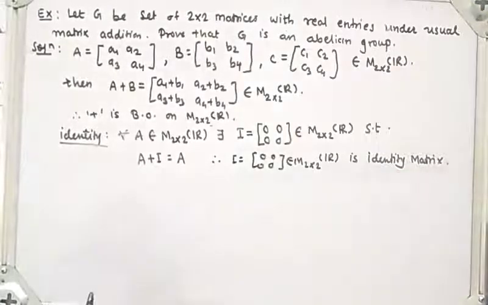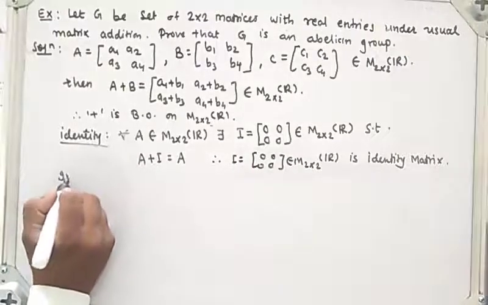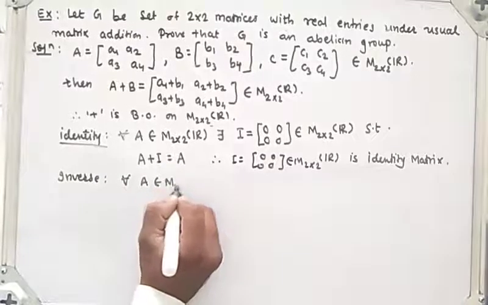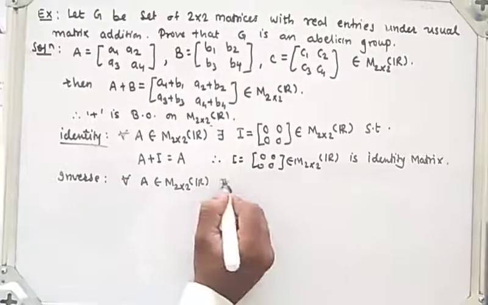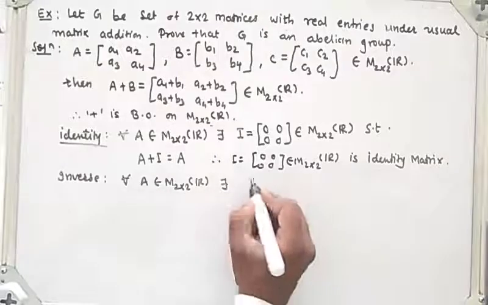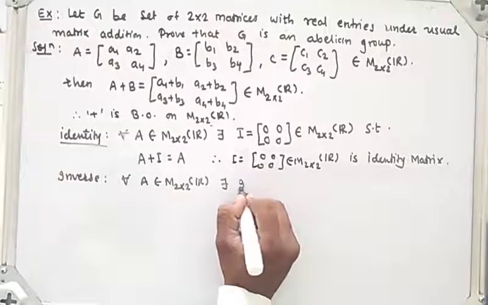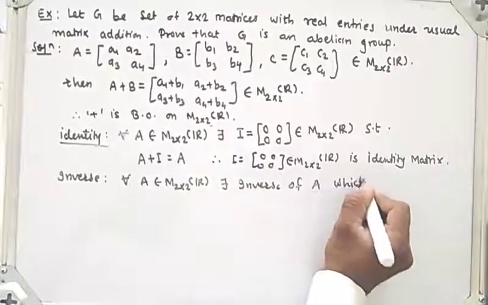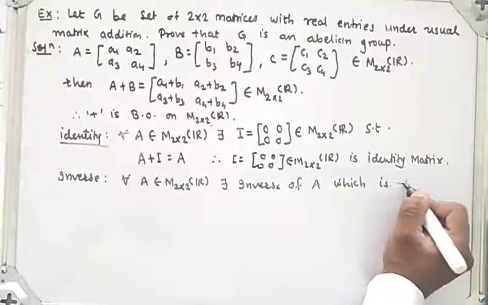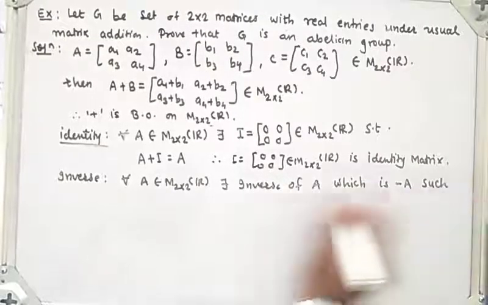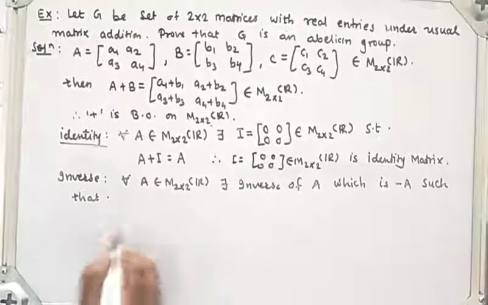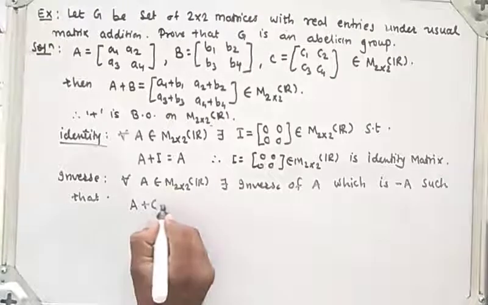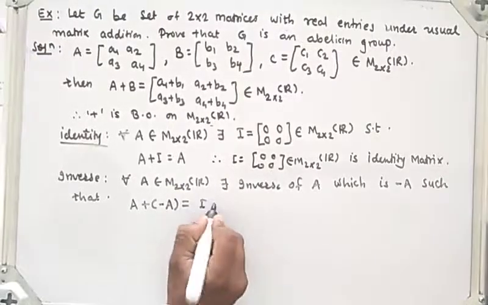Now next, to find the inverse. So what is inverse? For all A belongs to M2 by 2 matrix of entries R, there exists A inverse, which is minus A, such that A plus minus A is equal to identity.